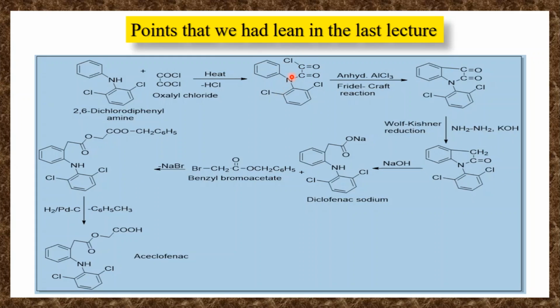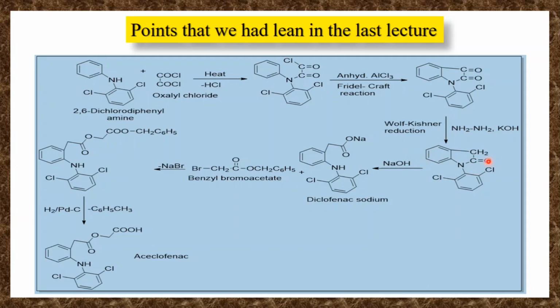Then this compound undergoes intramolecular Friedel-Crafts acylation reaction in presence of anhydrous AlCl3, aluminum trichloride. So we will get this acylated product. Then this acylated product undergoes reduction, the reducing reagent being Wolff-Kishner reduction, NaNH2 in presence of KOH. So we will get this compound.